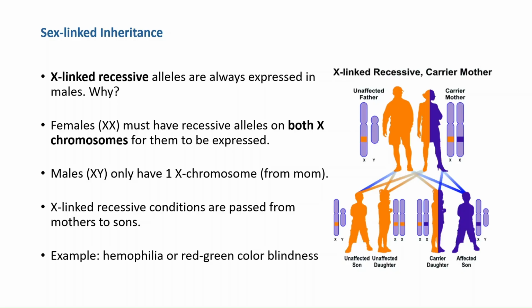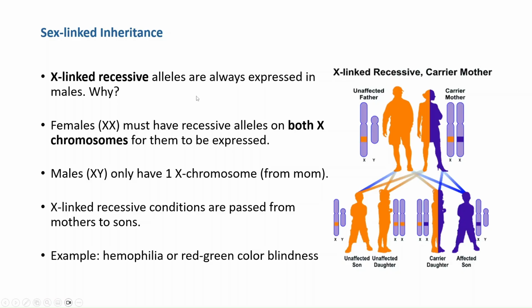They may be identical. You could have homozygous dominant, you could have heterozygous, you could have homozygous recessive, but in the case of the male, there's only one gene. So that's why X-linked recessive alleles are always expressed in males.